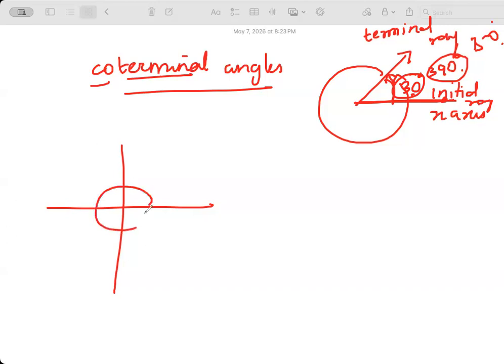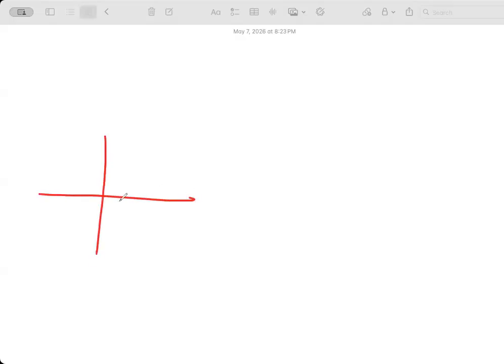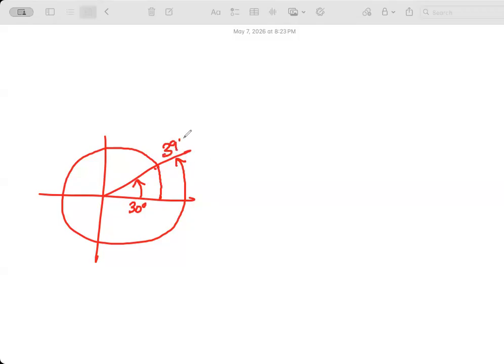The only difference is, first time when I come up, I get a 30. Then next time, I have to come up from here, go around. How much is that? 360 plus 30, so 390.